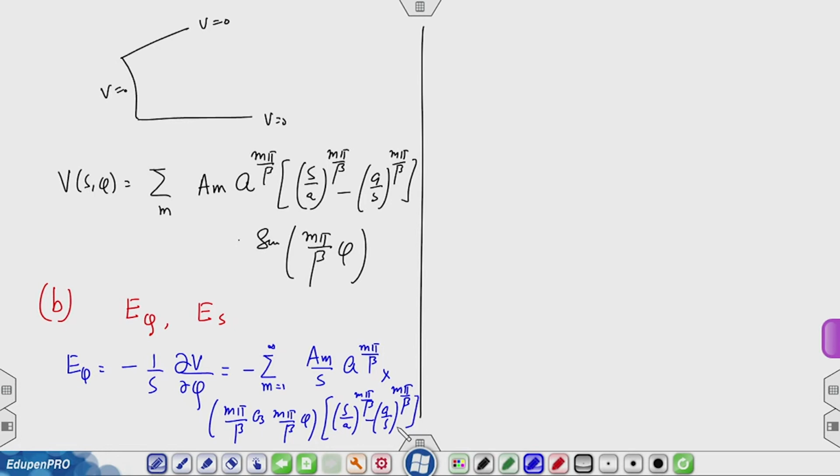That is E phi. So, you can immediately see that E phi at s equals a is 0.